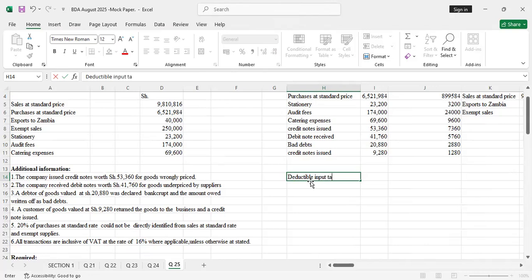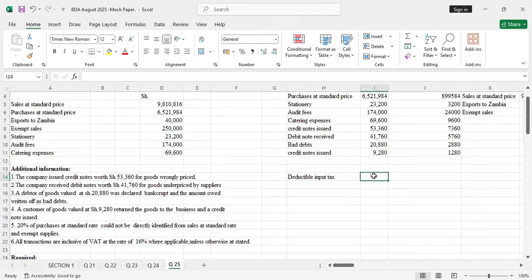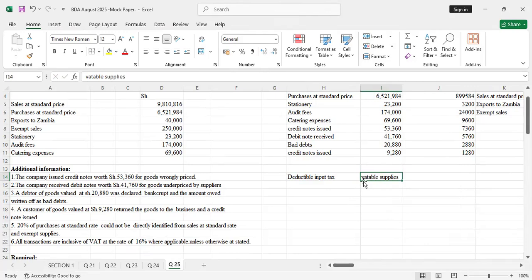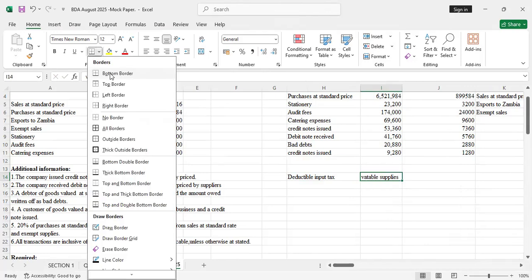So what is the formula for the deductible input tax? The formula for the DIT is always VAT supplies, you divide by total supplies, times the total input tax. Let me increase this. Let me create a bottom border there.